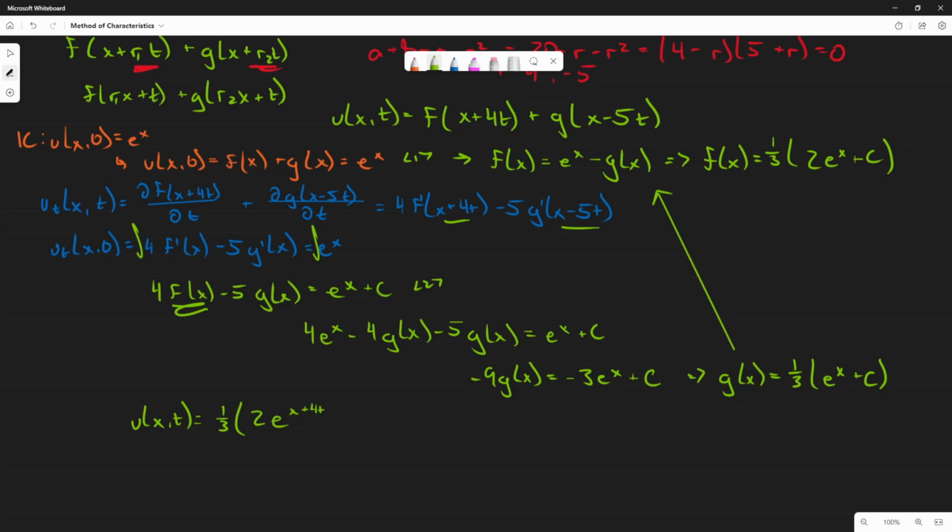Oh wait, actually this won't be plus c. This will be minus c because we divide both sides by negative 9, and so technically it would be c over 3.